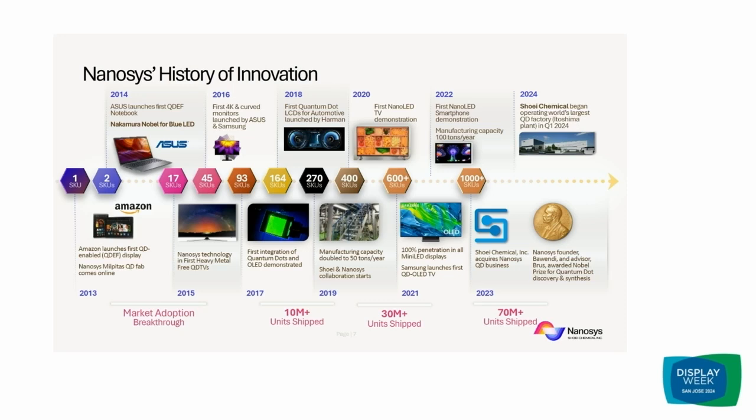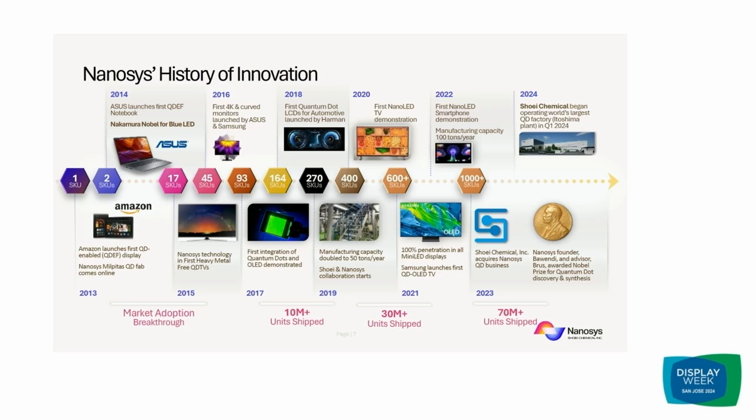As you move along this timeline, you'll see the first QDEF monitors, the first QDEF notebooks, and then ultimately heavy-metal-free quantum dot TVs and quantum dot LCD TVs for automotive applications released over the years. To keep up with this increasing demand, Nanosys doubled their manufacturing capacity, which came up to 50 tons per year in late 2019. And we began a collaboration with Shoei Chemical to keep up with the market growth.